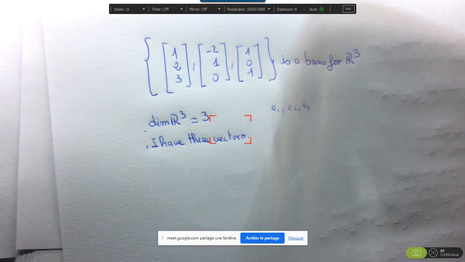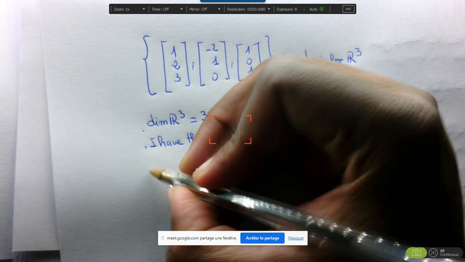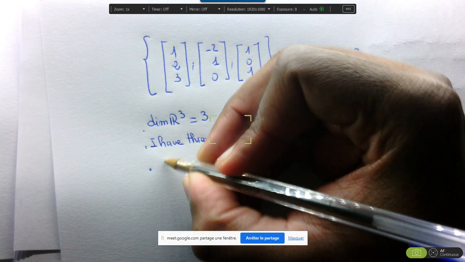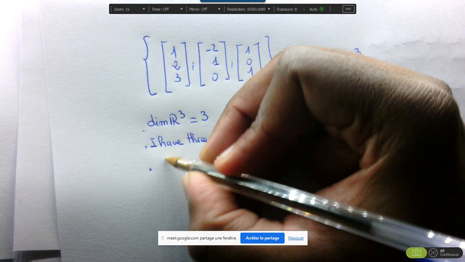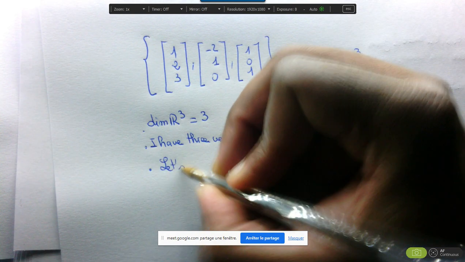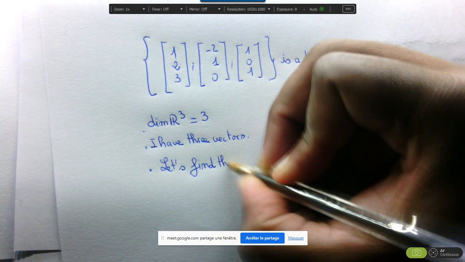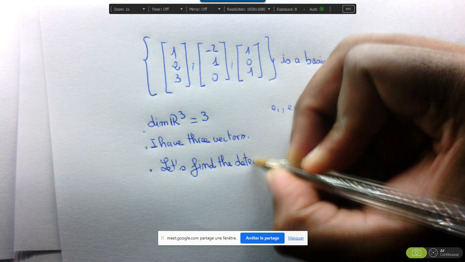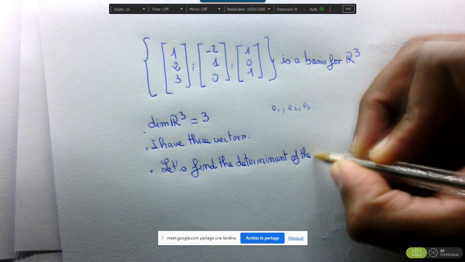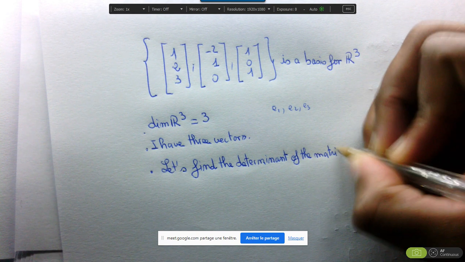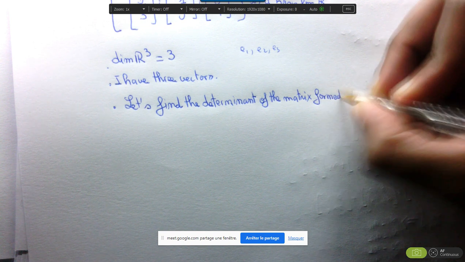So let us determine whether these are linearly independent. I will find the determinant of the matrix formed by these 3 vectors.